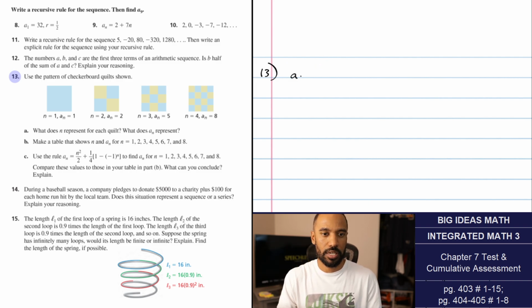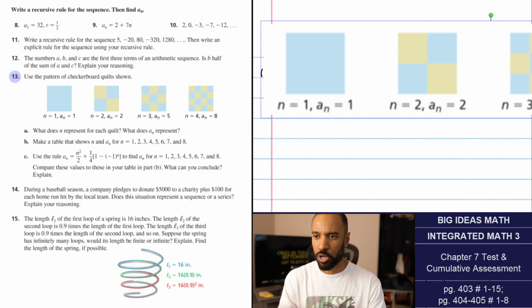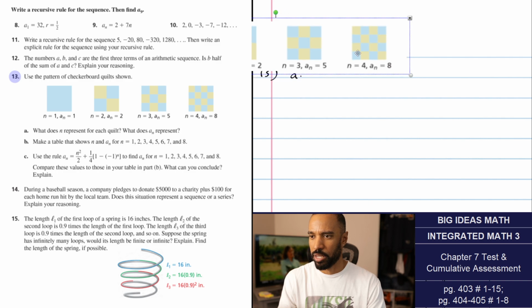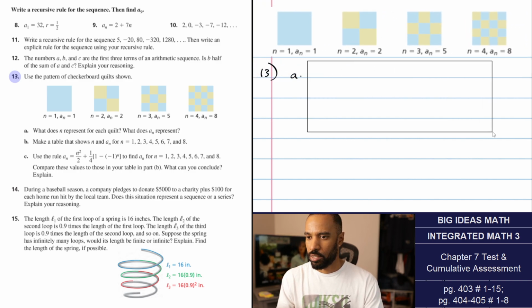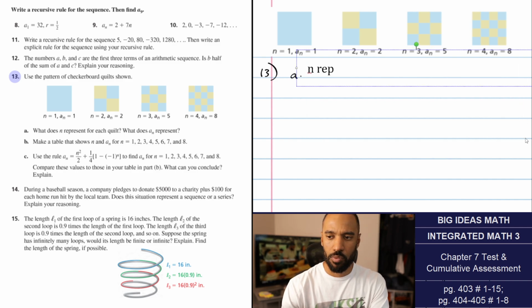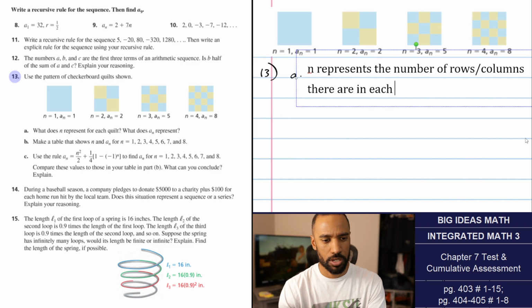If you can't see this very well, I might have to do some drawing manipulation on this thing. N represents the number of rows or columns there are in each quilt, because it's a square with a checkerboard base.